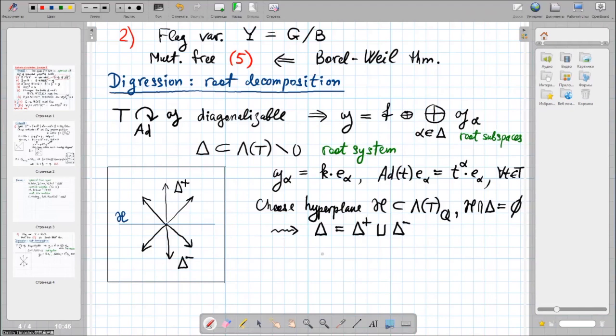And the property of the root system is that the root system is symmetric with respect to 0, which means in particular that delta minus equals minus delta plus. These two halves of the root system are mutually opposite to each other.